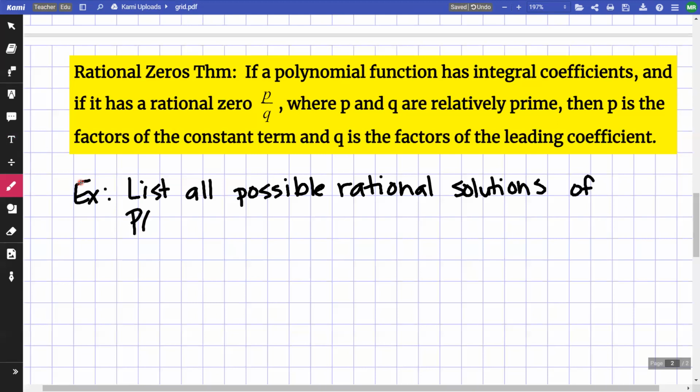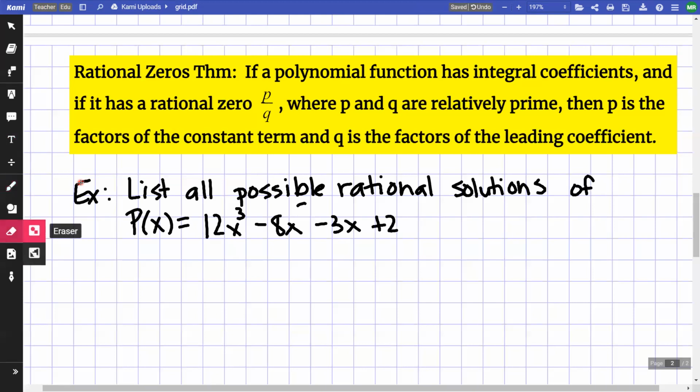And let's say P of X is equal to 12x to the third minus 8x squared minus 3x plus 2.